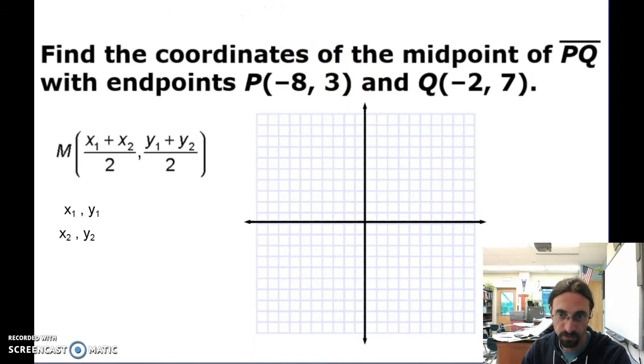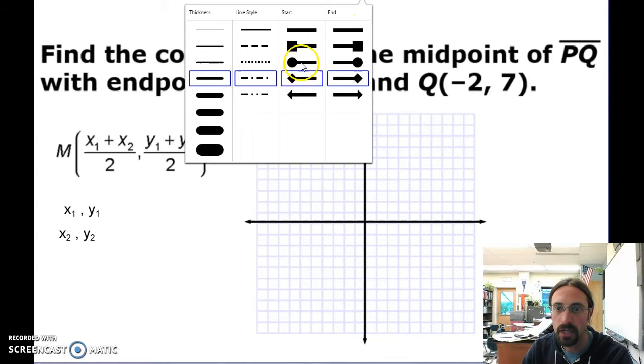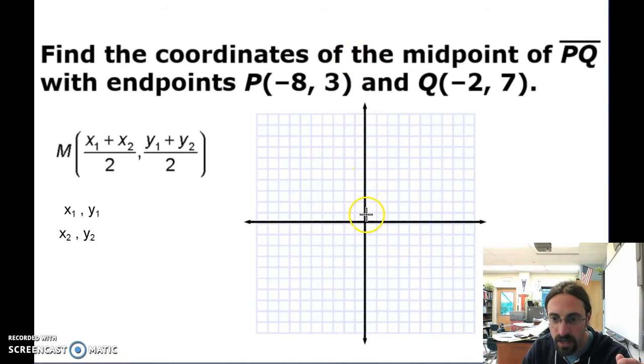All right, so let's plot this little segment here. We're going to do two ends, and we'll make it solid. I'm going to go to negative 8, 1, 2, 3, 4, 5, 6, 7, 8, and then up 3, 1, 2, 3.